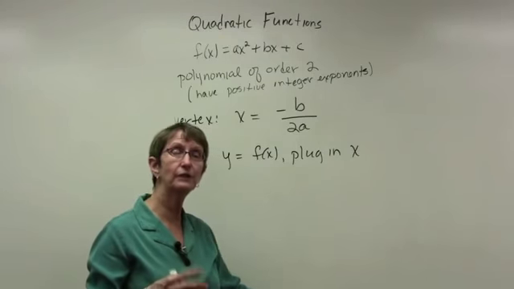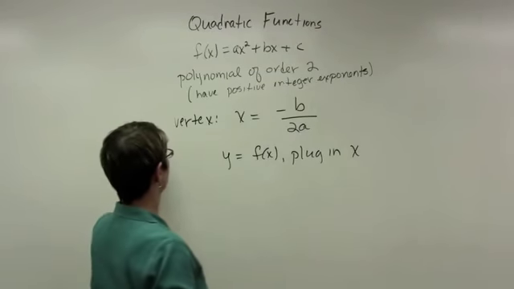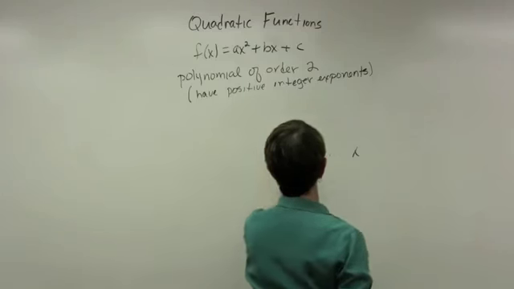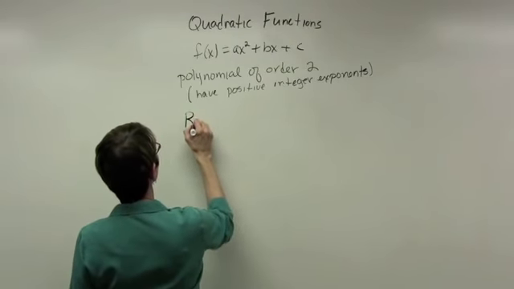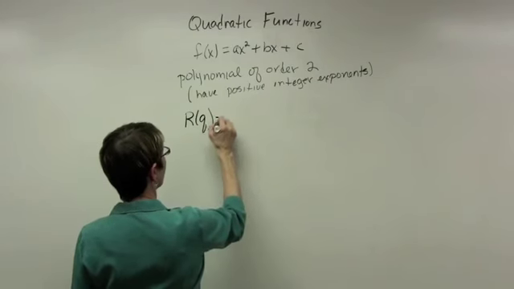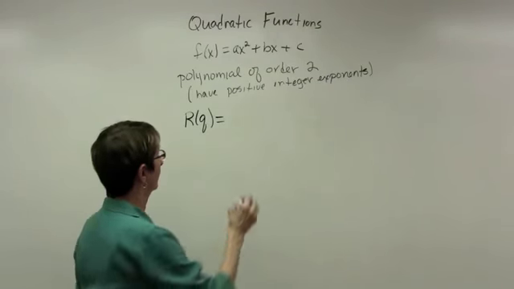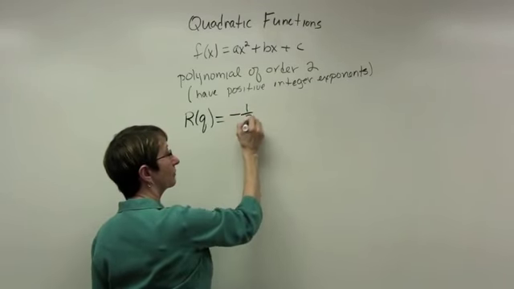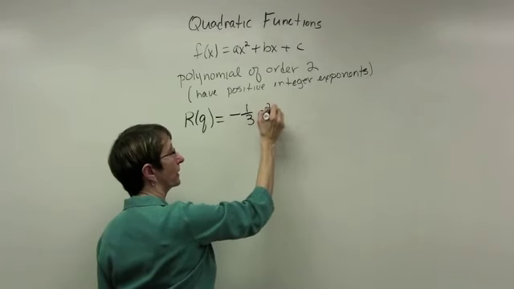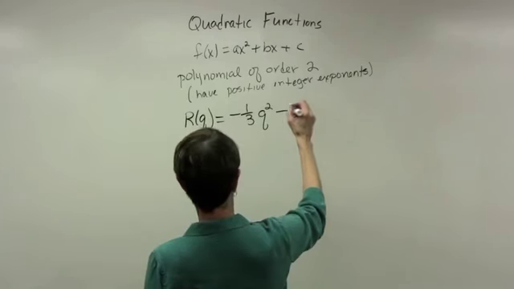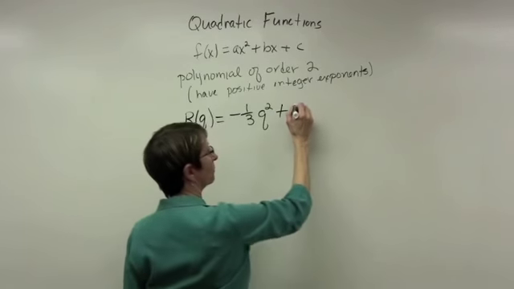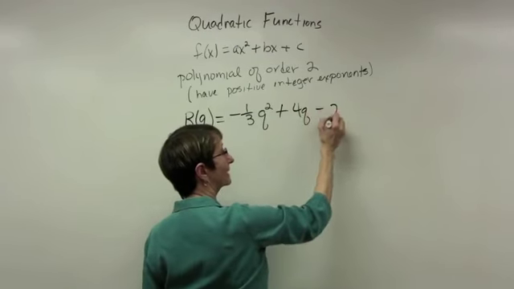So let's look at finding the vertex of a particular function. R of q equals negative 1/3 q squared plus 4q minus 2.